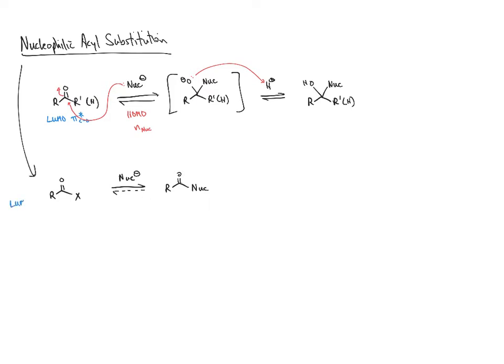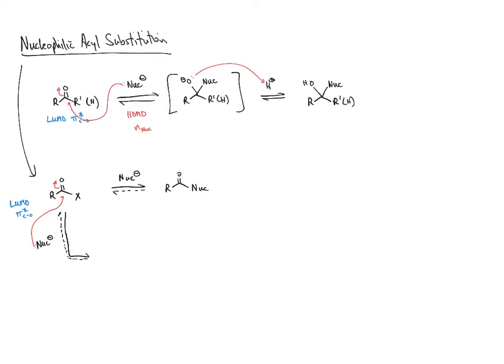The pi star CO is still going to be our LUMO. And so what you can get is, and this may or may not be reversible, you can get a nucleophile to attack the pi star CO, forming a tetrahedral intermediate.